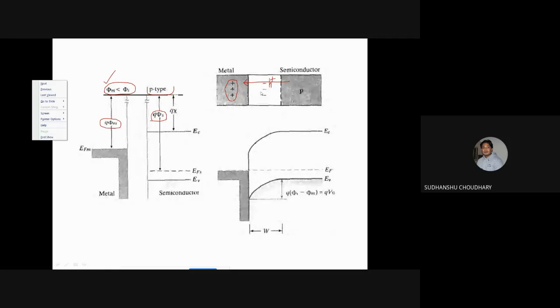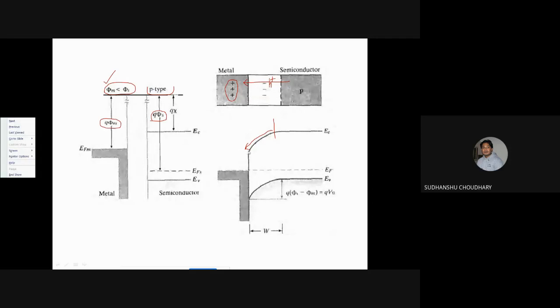So again we have positive and negative charges appearing at the junction. The role of positive charges is to push the energy bands down, and the role of negative charges is to pull up the energy bands. That is why on this side the bands are pulled up, giving a band bending of this kind.